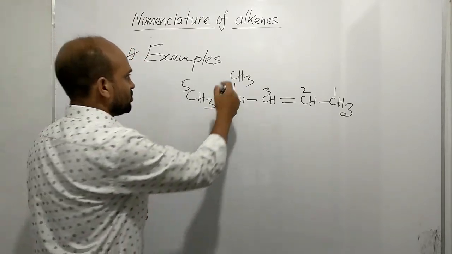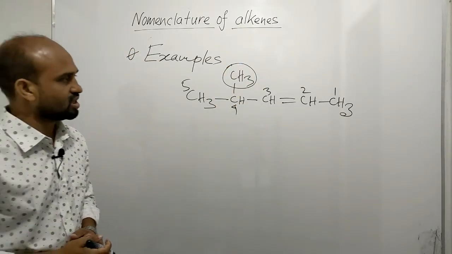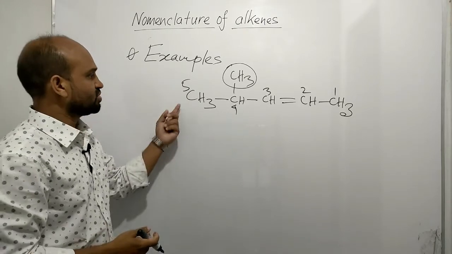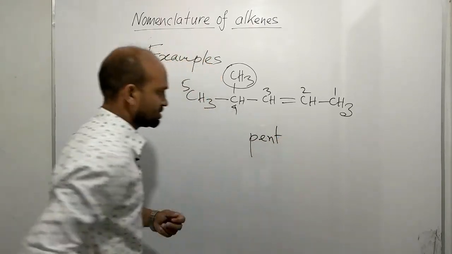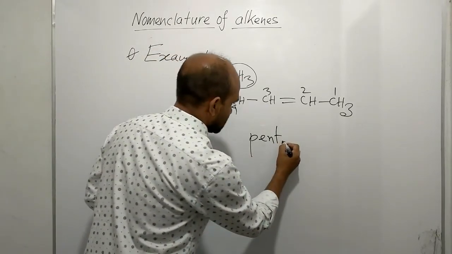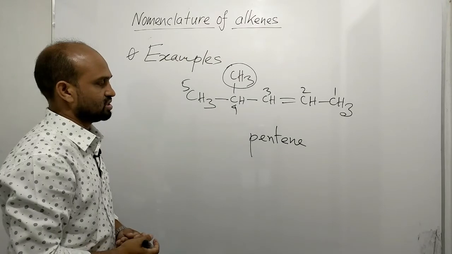And at 4 there is a methyl group. Okay, now let's try to write the name of this compound. There are 5 carbon atoms, so pent is the word root, pent, and "ene" is the suffix here, pentene.